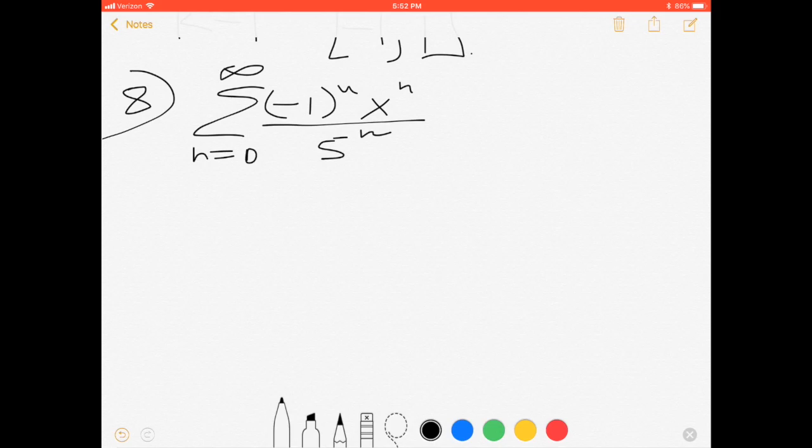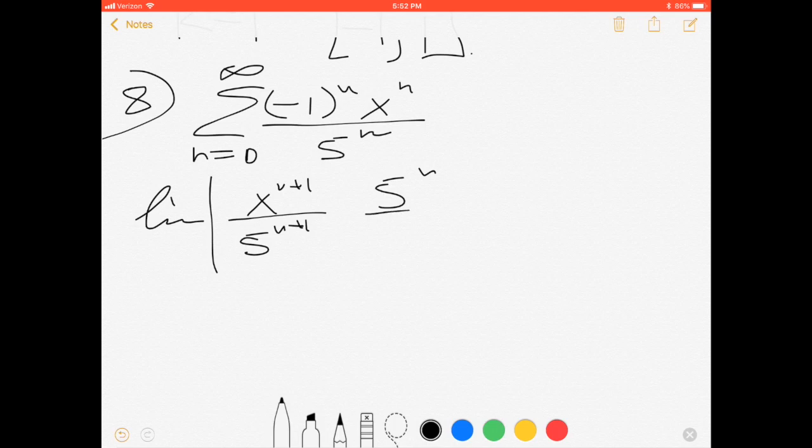Okay, use the ratio test. We have the limit of x^(n+1) over 5^(n+1), times 5^n over x^n, as n approaches infinity. Start simplifying.